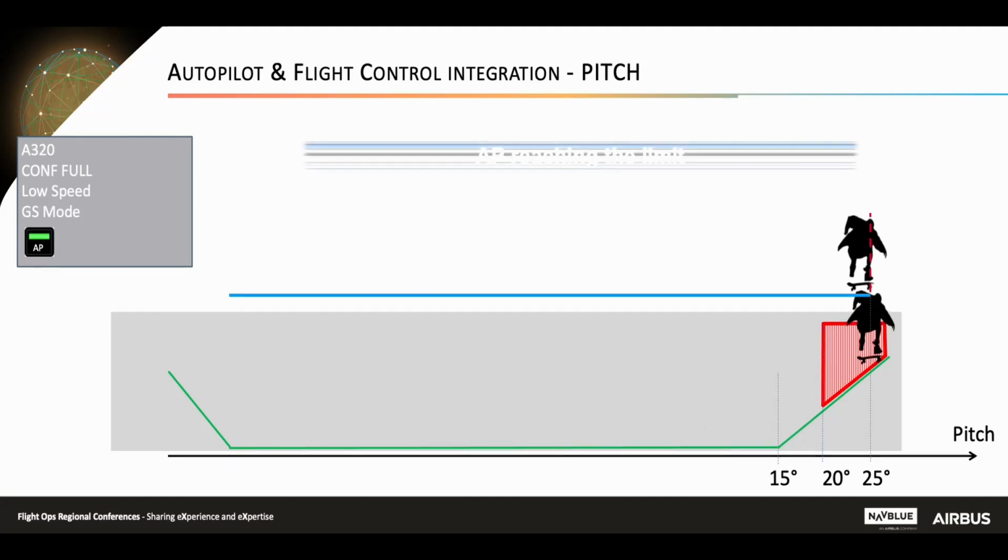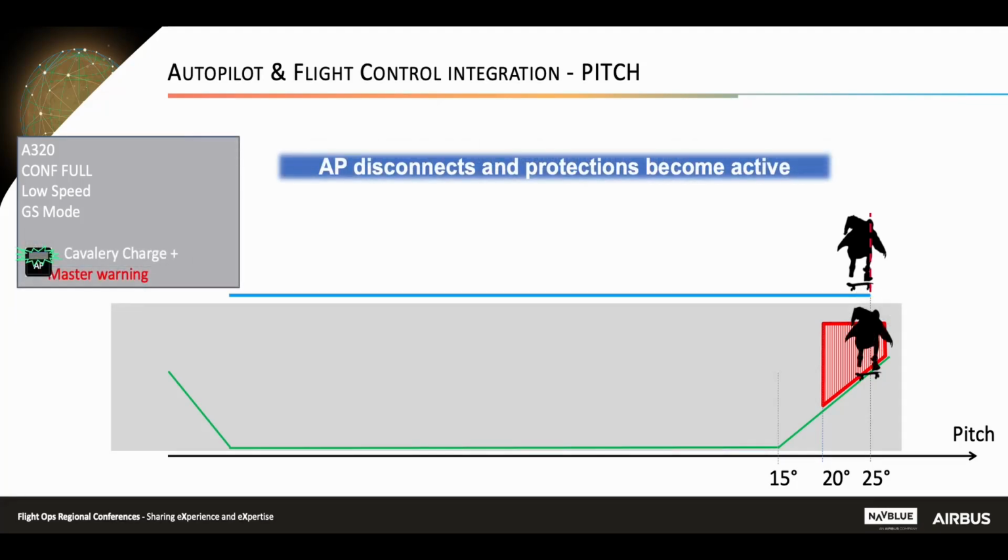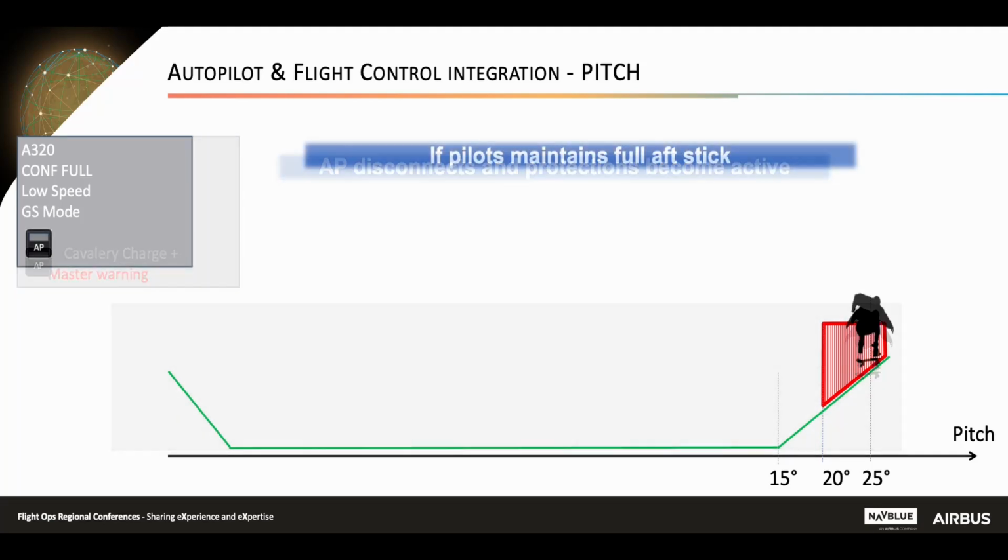Now the autopilot will reach its 25 degrees limit. As per design, the autopilot will disconnect when reaching its operational limit. You will notice the cavalry charge and the master warning. After the autopilot disconnection, the flight control laws, which were previously passive, will now take over.